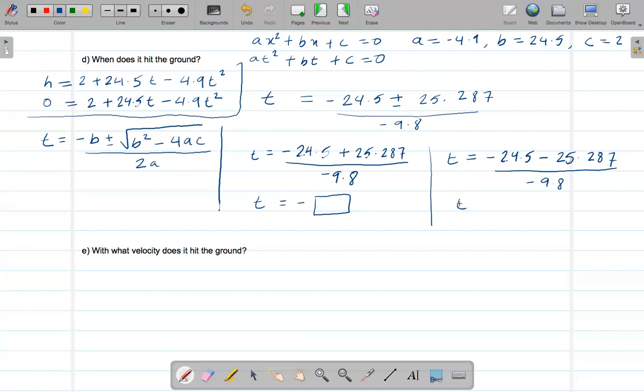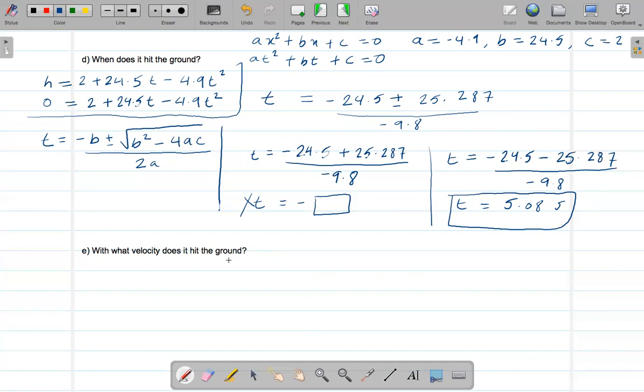From here you'll get positive 5.08 seconds. Since the other one is negative, and time cannot be negative, I don't think you've ever heard someone say it took me negative 2 hours to do something. That's not possible. So t is just this value, 5.08.